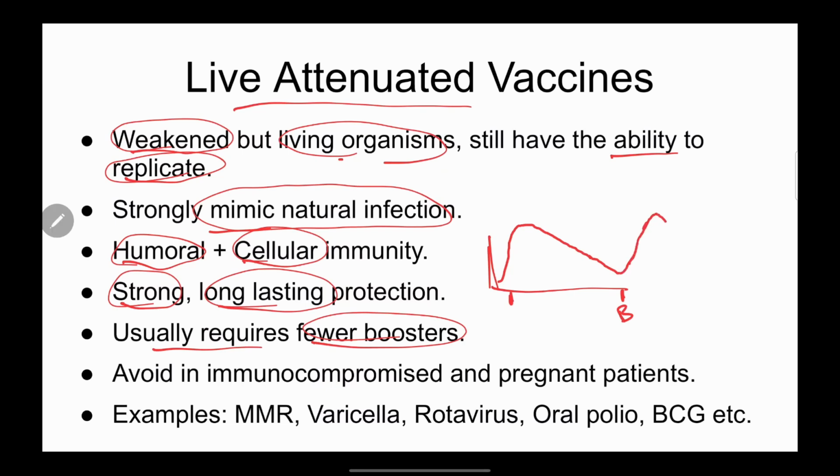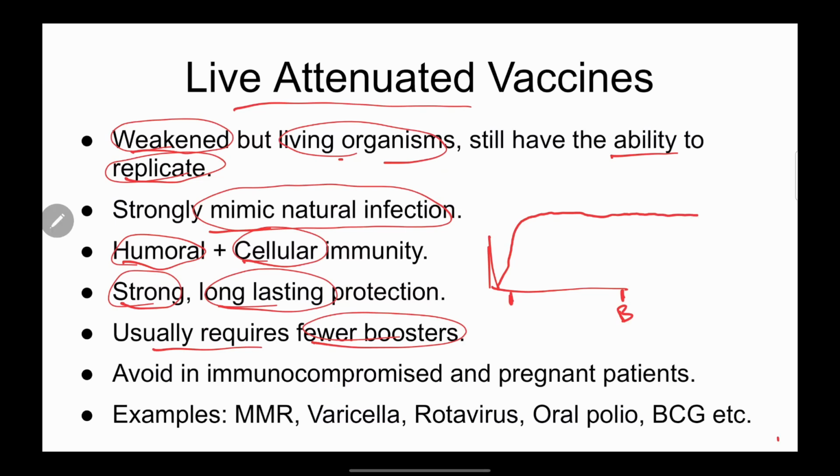And this will just keep on continuing, because the immunity wanes off. But with live attenuated vaccines, since the immune response is so strong, your graph will look something like this. So you see, your immune response does not wane off. That's why they require very few boosters.